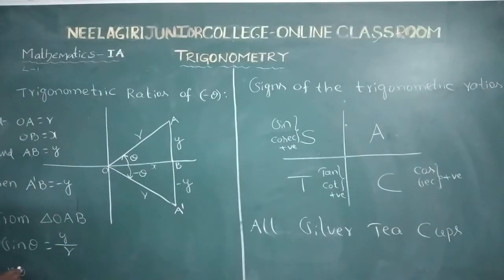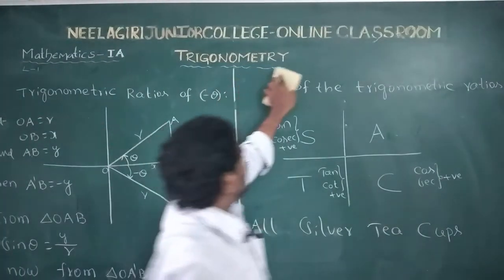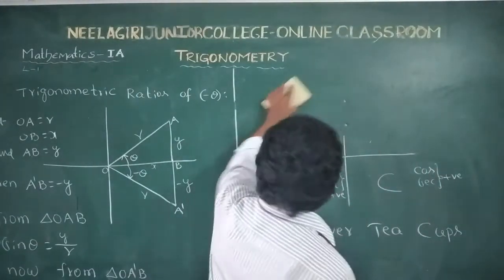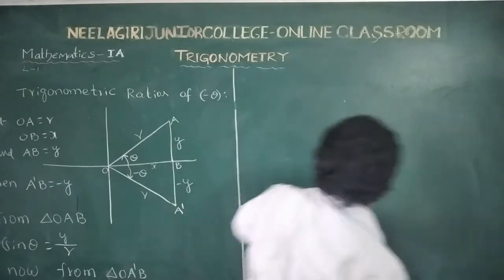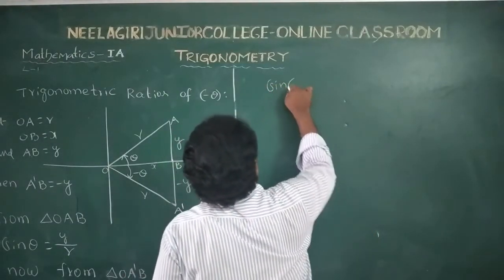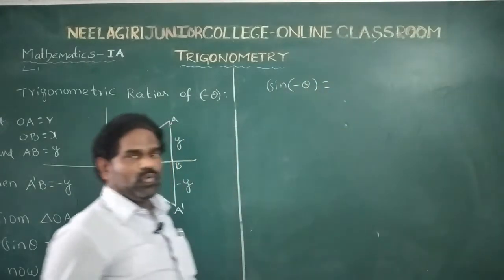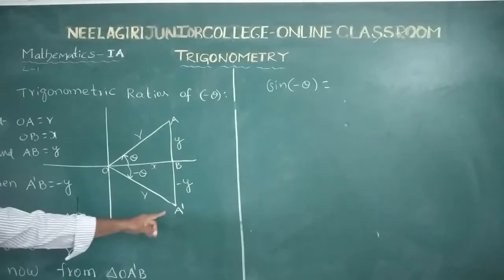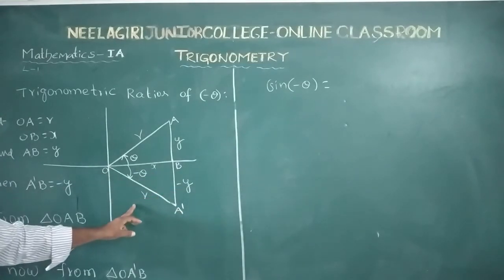Now take sin of minus theta, from triangle OA dash B. Here also, take opposite side by hypotenuse.